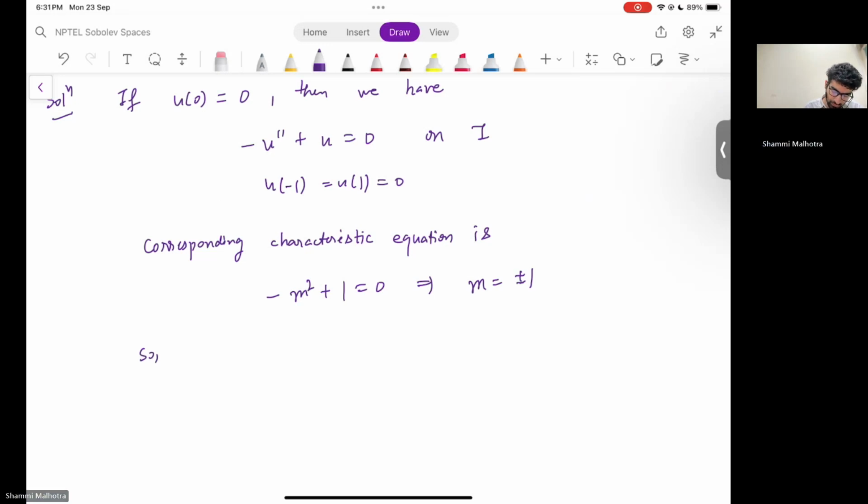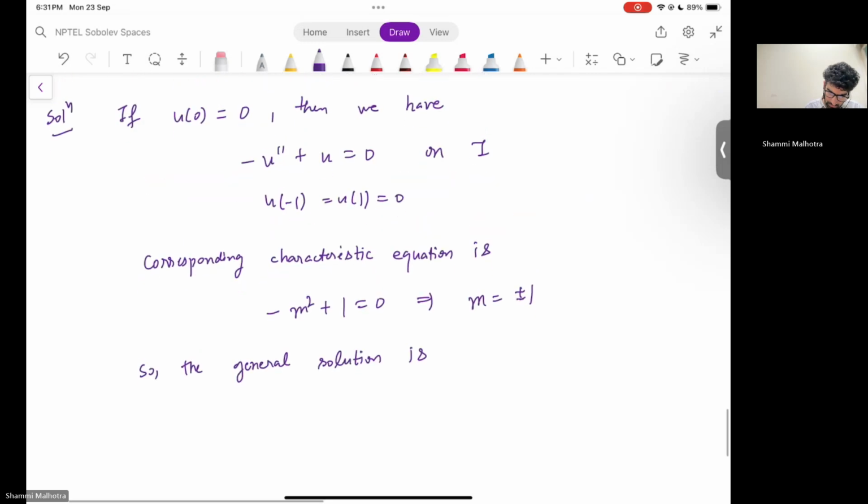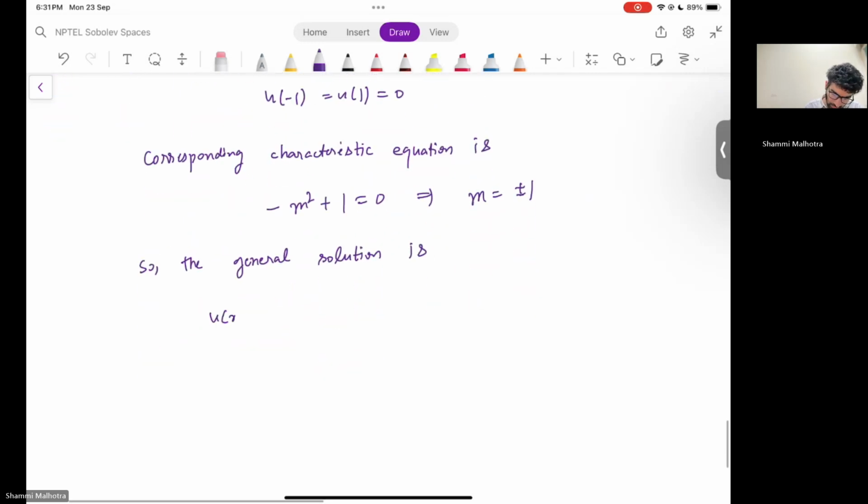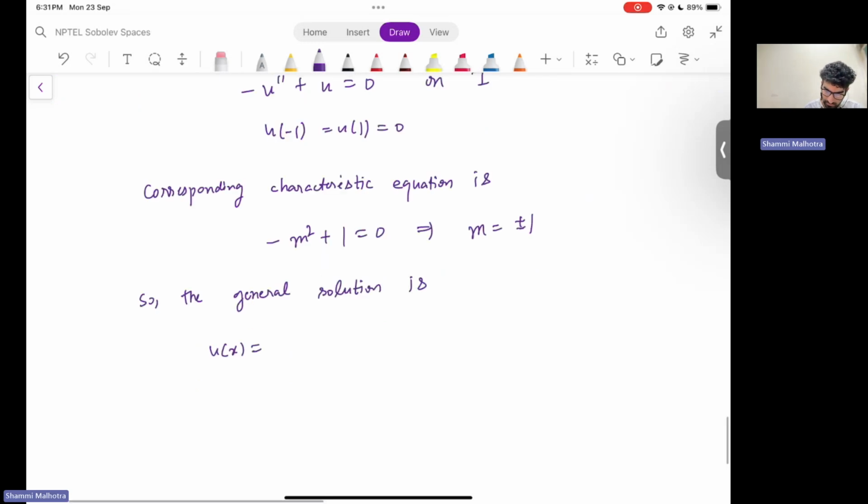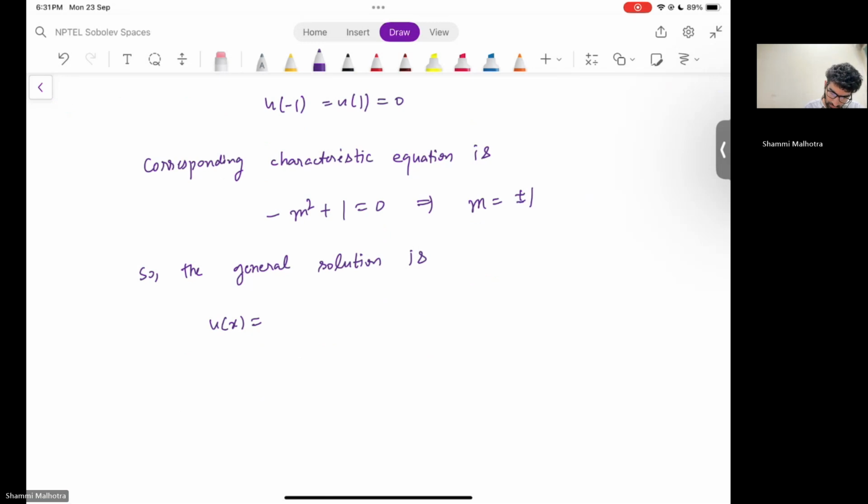So the general solution is u(x) equal to some C1 times e raised to the power of x plus C2 times e raised to the power of minus x.